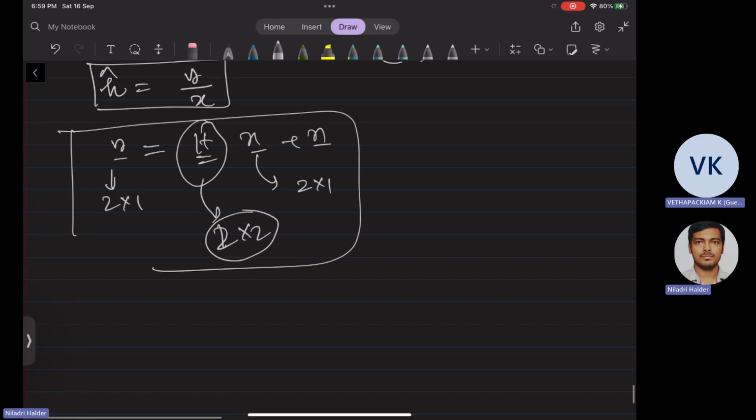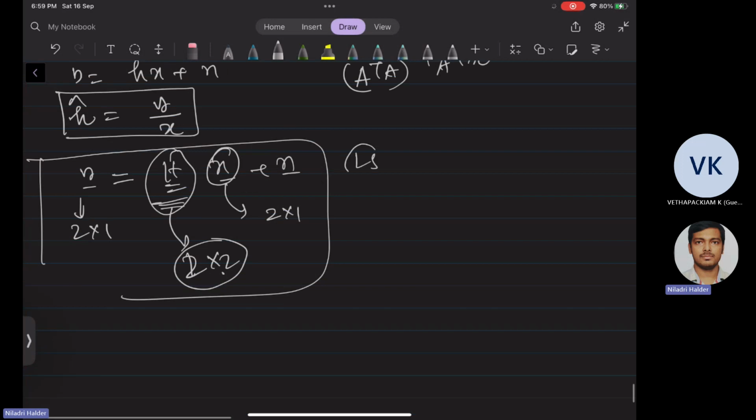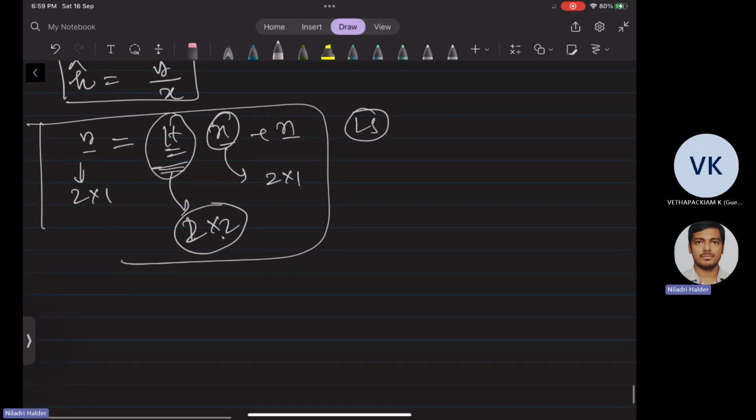Here you can find what x should be with a known h matrix. So the solution is the least square solution. But if you need to find the h matrix using this system model, you can't. That can be done using other techniques like compressed sensing or sparse channel estimation. Those kinds of techniques can be useful. Here you can't find that matrix.